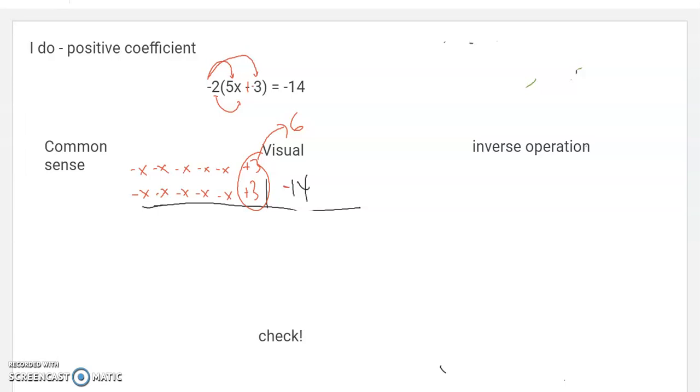So if we take 6 away from negative 14, that's the same as adding negative 6 to it or putting negative 6 with it. So now when we take away negative 6, I'll end up with those 10 opposite x's. 1, 2, 3, 4, 5, 6, 7, 8, 9, 10.